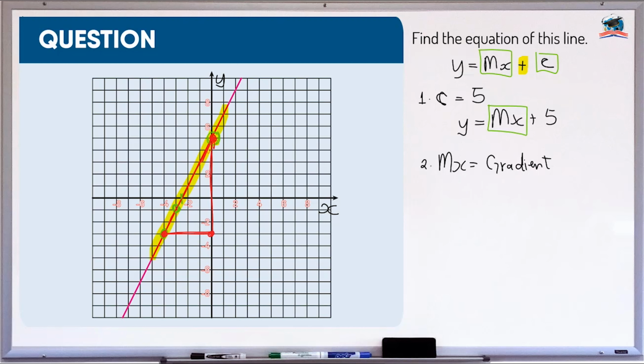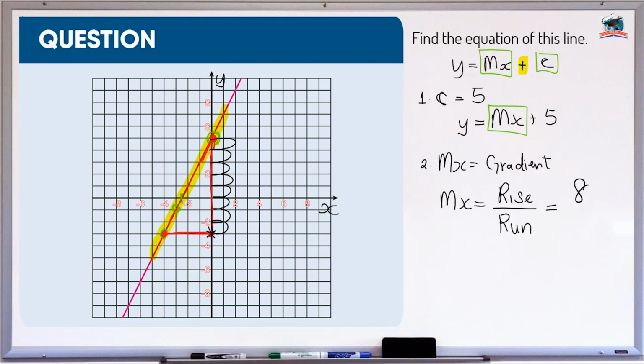We did our rise. Okay, rise is on the y-axis, so we have m, the gradient, is equal to rise over run. Rise from this point here. We go 1, 2, 3, 4, 5, 6, 7, 8.